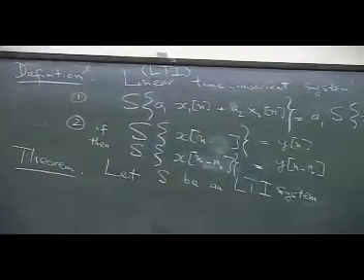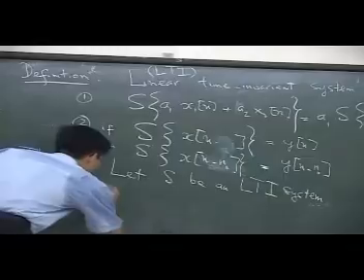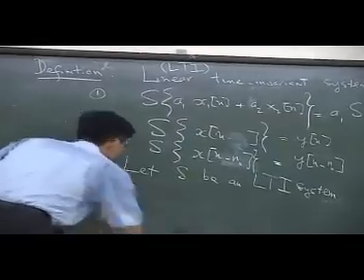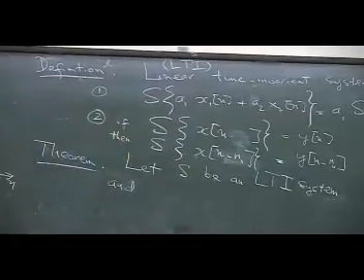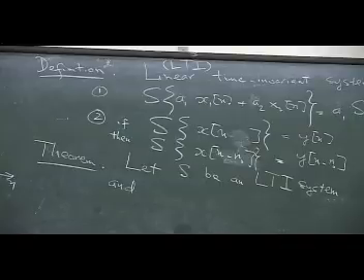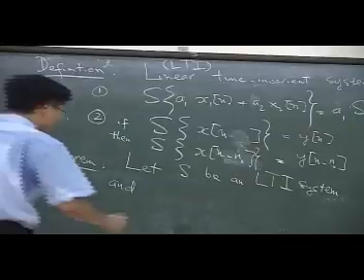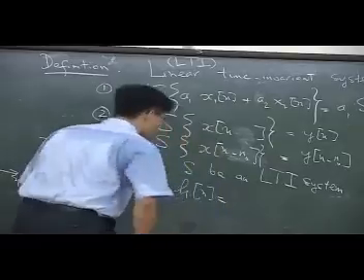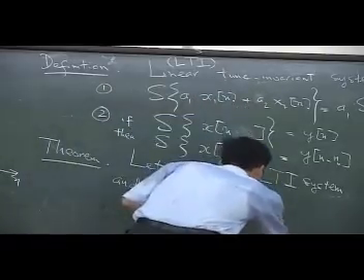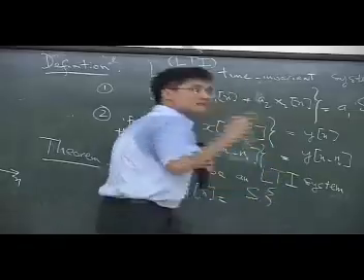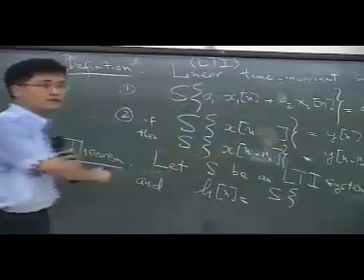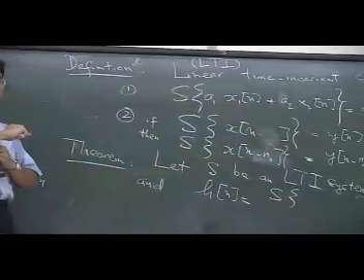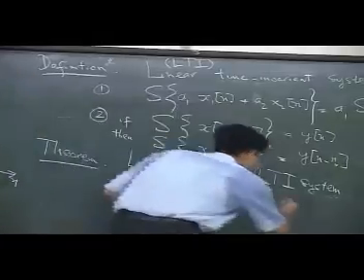And let h of n, the unit pulse response, be equal to the output of that system S based on the signal I used before, the unit impulse.